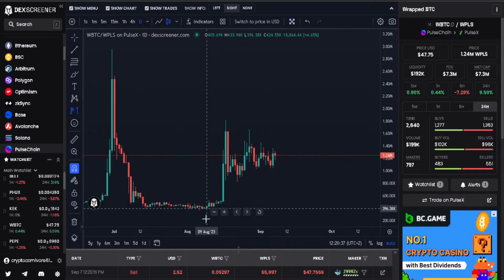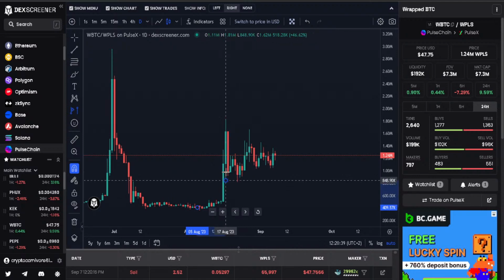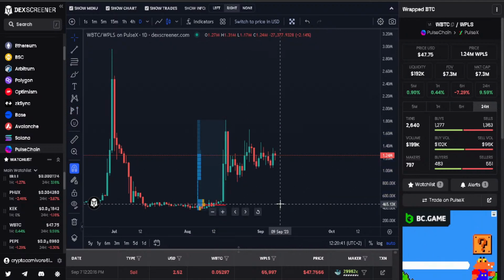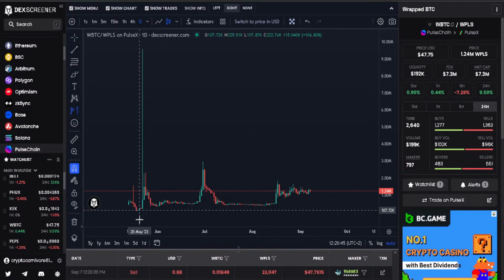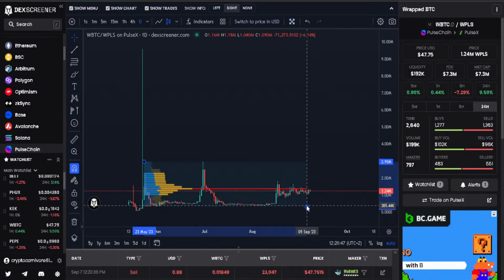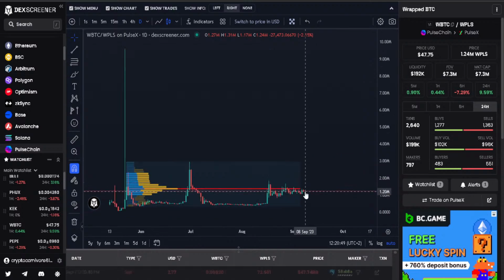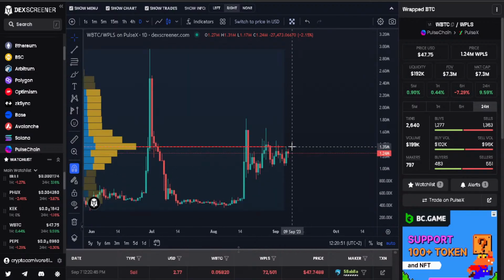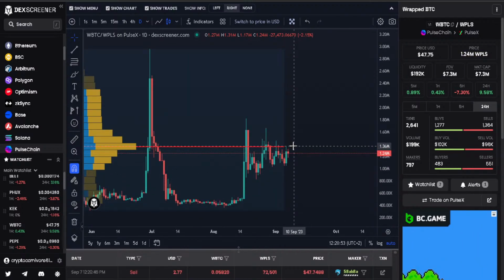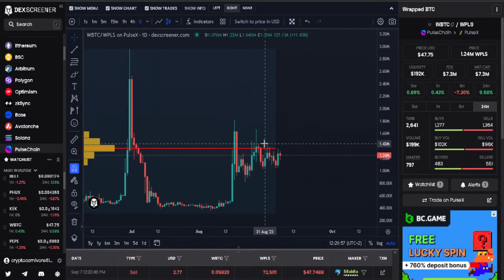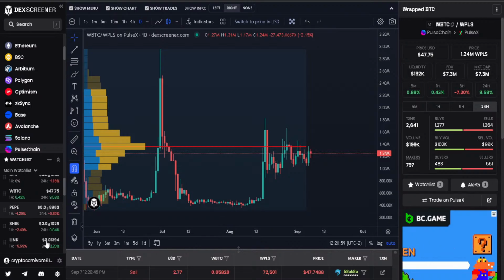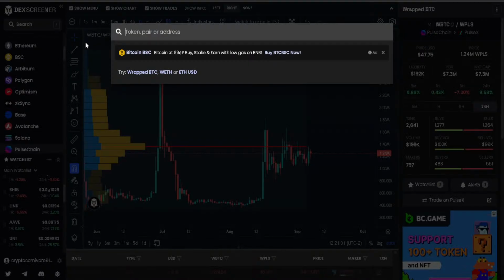And let's see where most of the volume was traded on this thing. Very low down there. We should probably use the whole range because lots of selling happening here. Unless we get above this 1.36 million area, it's going to keep on getting oversold or sold down from this area.